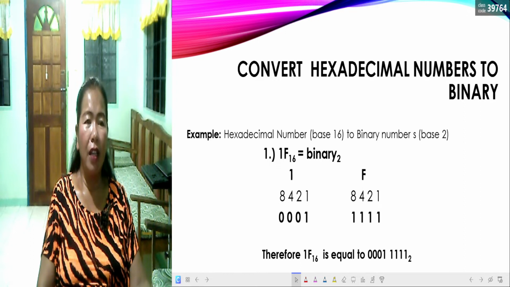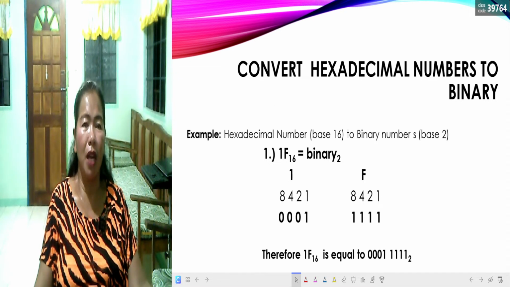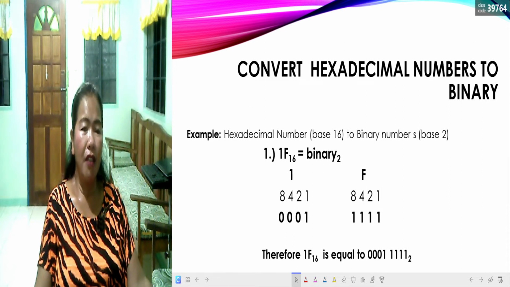So therefore, under 8, it should be a 0. And for 4, that should be 0. And under 2, that should be 0. And 1, that's the only digit where you write the 1. So when you multiply 1 times 1 is equal to 1, and the rest is 0. When you sum them up, it will only give you the result of 1. So that is for the first digit of the hexadecimal number that is given.